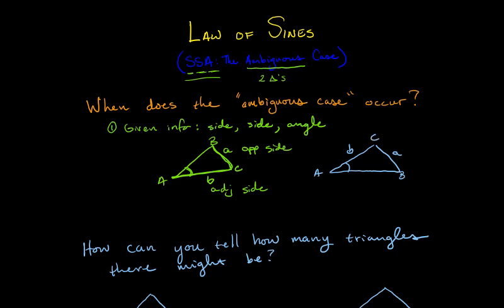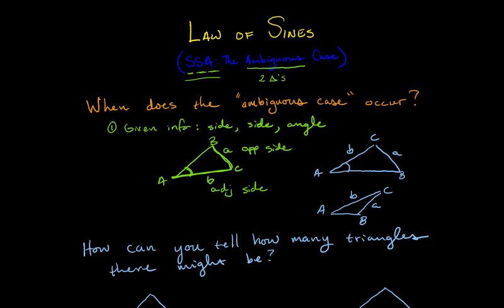But what could happen then is side A could swing in, and then you could essentially get, with the same three pieces of information, a triangle that would look like this, and this would be angle C, and this would be B, but side A would be the same length, and B would be the same length, but side C would be the one that's changing, and so this side A would kind of swing in and be able to create two triangles, and that's when the ambiguous case will occur.